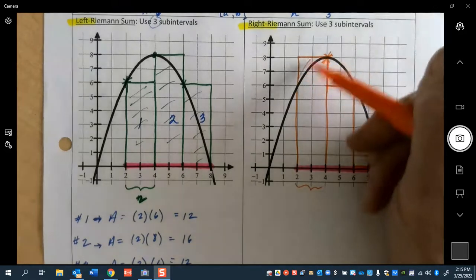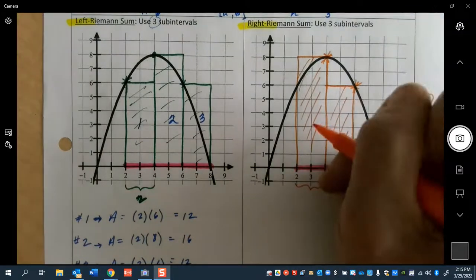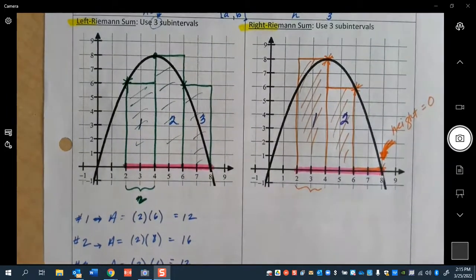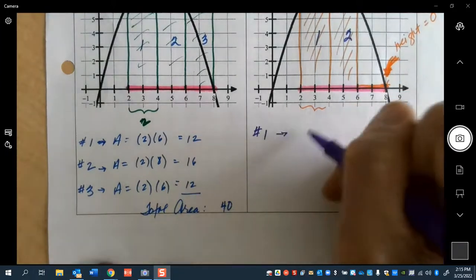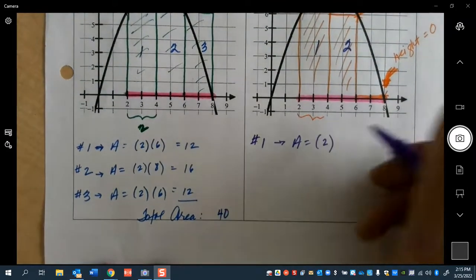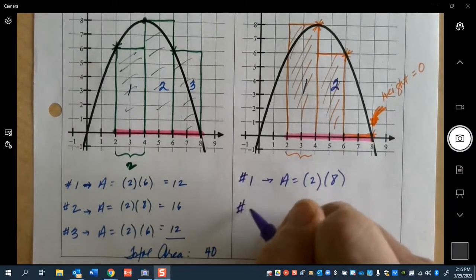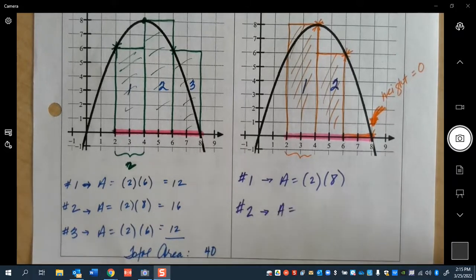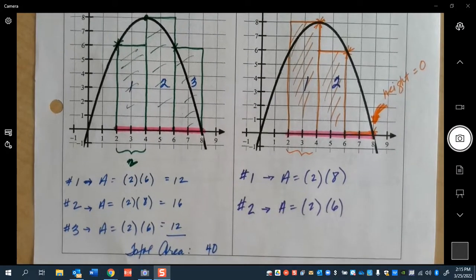So when I go to find my area under the curve, this is the math that I'm doing. I have my rectangle 1 and 2. If I go to find the area of rectangle number 1, my area equals my interval, which is 2, times my height, which is 8. My area of box number 2 is going to be my width, which is 2, times my height, which is 6.